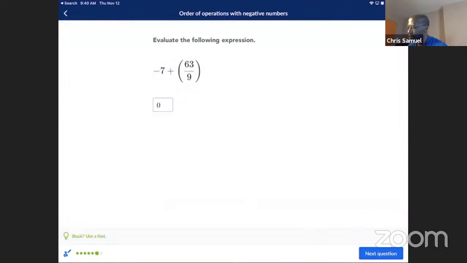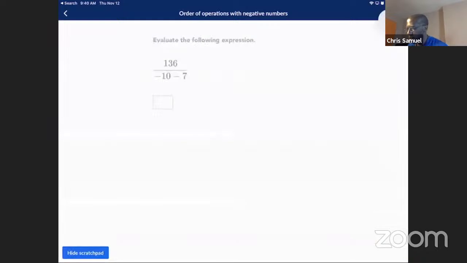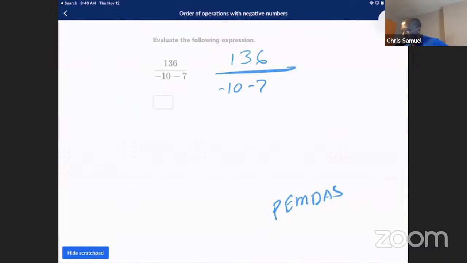Cool. Next one is we have 136 over -10 minus 7, like that. And this is kind of interesting because if we use PEMDAS, PEMDAS is parentheses, we don't have any exponents.